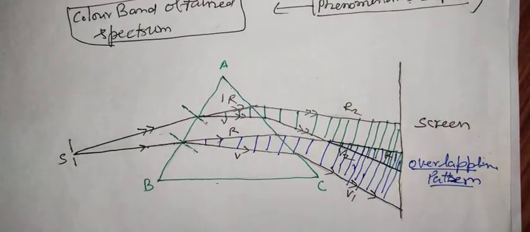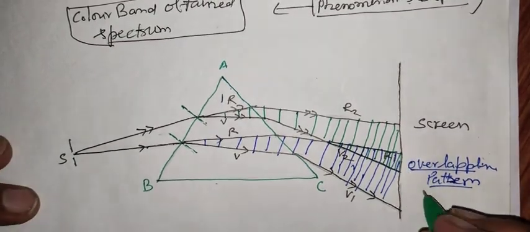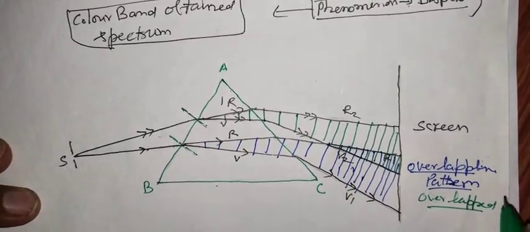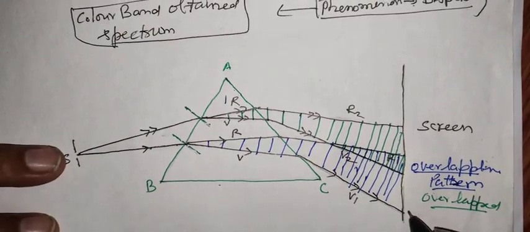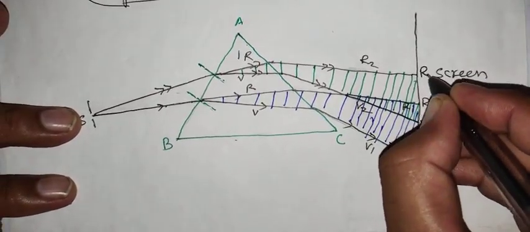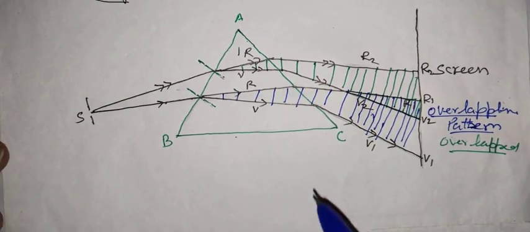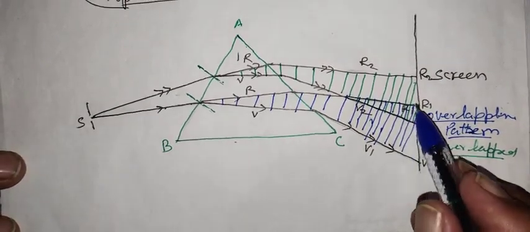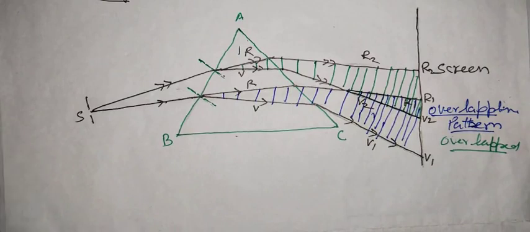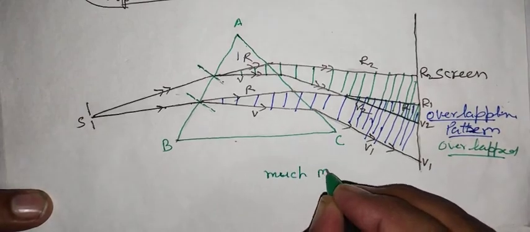In that condition, the spectrum patterns get overlapped, mix with each other. We can write here violet 1, red 1, violet 2, red 2. Here in the diagram, see carefully, it's shown for end color only, but when we see for all 7 constituent colors, it becomes much mixed up.